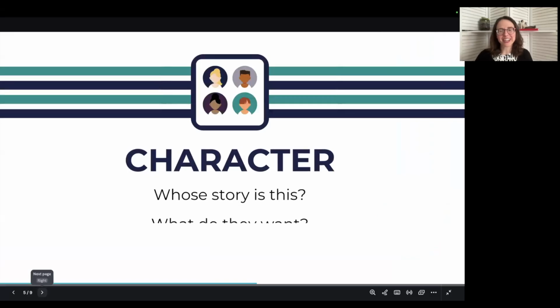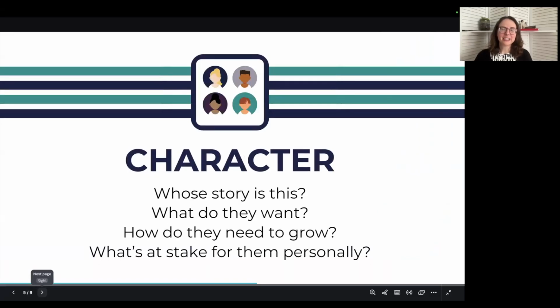Then, of course, we have our character. And this is where we answer, whose story is this? Now, some of you might be writing a multi-POV story. That's a different layer of complexity, but it all fits into this character bucket. For the main character, we want to think about what do they want? But not only what do they want, how do they need to grow in their quest to get what they want?